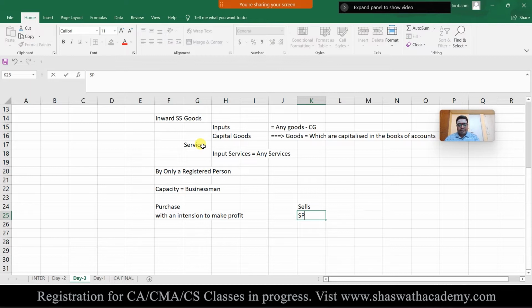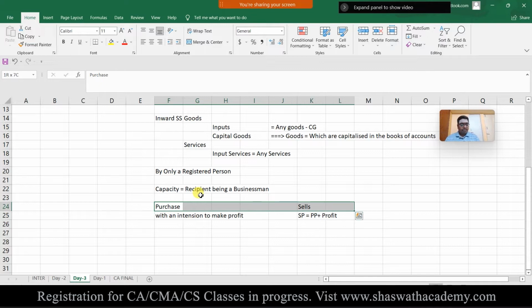So how is he arriving at the selling price? Purchase price plus profit, isn't it, my dear? Everybody is able to appreciate how this works. So what is the capacity? See, we are talking about a recipient, purchase, inward supply. So the capacity is a recipient being a businessman whose intention is to purchase and later on sell.